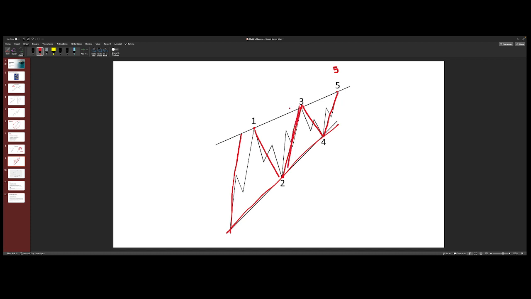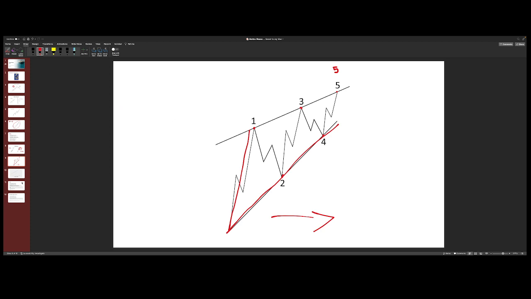So when compared to their previous wave, they're shorter. They get shorter as time goes forward. So 1 is your longest, 2 is long, 4 is shorter, 3 is long, 5 is shorter. The waves get shorter as you move over with time.